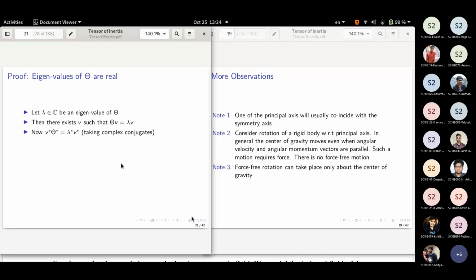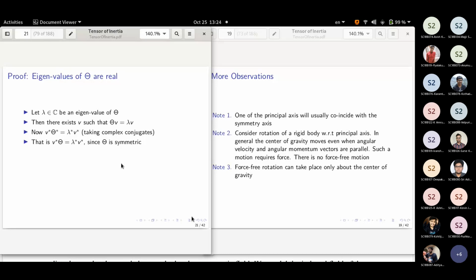Since it is a complex domain, we also have to take the complex conjugate. So V star theta star is equal to lambda star V star. So you have the right eigenvalue and right eigenvector lambda and V, and now you have the left eigenvalue and left eigenvector lambda star and V star.